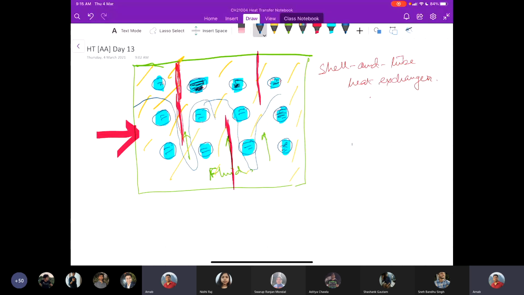It increases the mixing in the shell side fluid. So once the shell side fluid mixes well, it becomes a more homogeneous temperature throughout that shell side, and the efficient heat transfer process takes place. So all these designs we will see later. We have a separate chapter on the heat exchanger design.